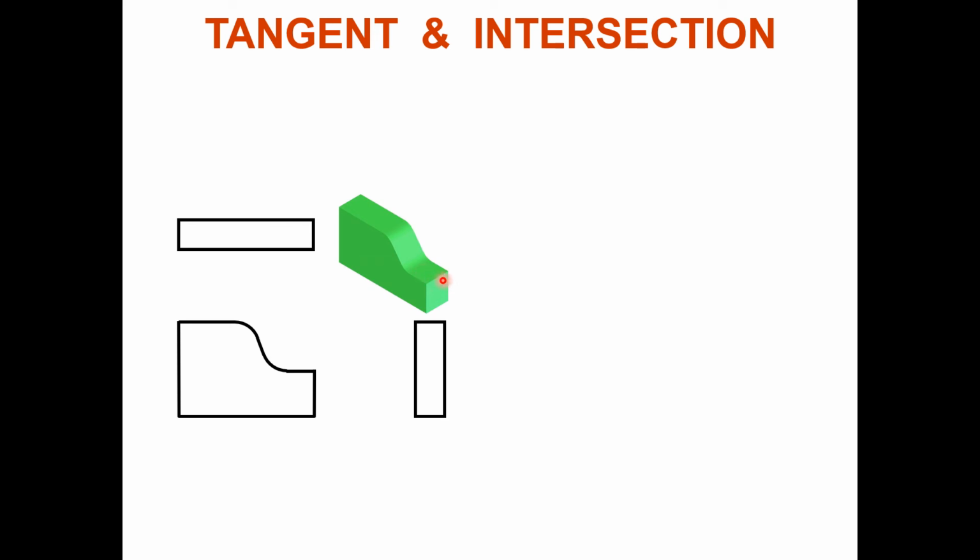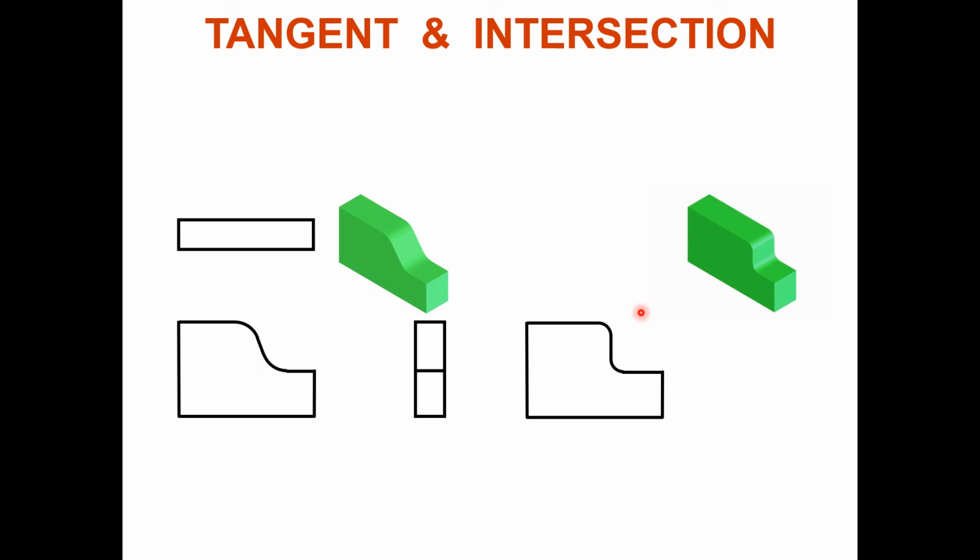At this point one surface and another surface are meeting, so a line will be drawn, and when you see from the top, there will be no line. Tangent, intersection, so that will be here in the right side view, not in the top view. Here again there is a new thing.